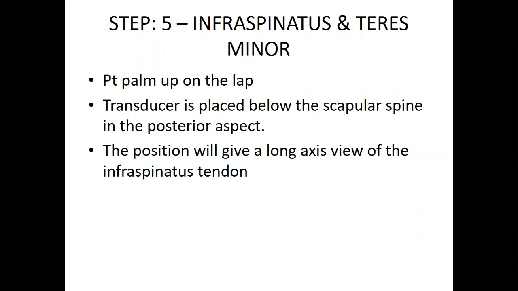The patient's palm on the lap, transducer is placed below the scapular spine. Remember, in our anatomy, we said the infraspinatus and the teres minor are located posteriorly, just below the scapular spine. So you really have to know your surface anatomy and where you are putting your probe.